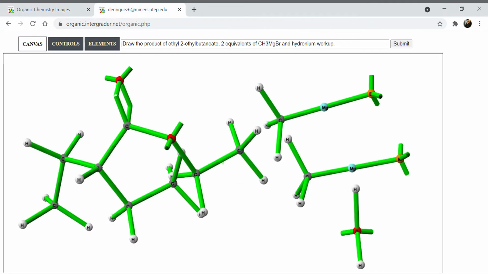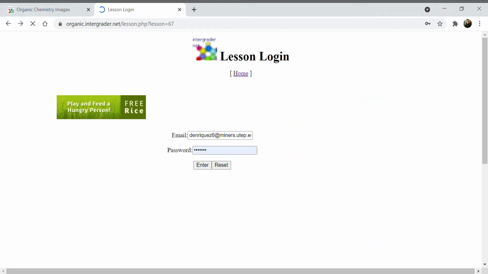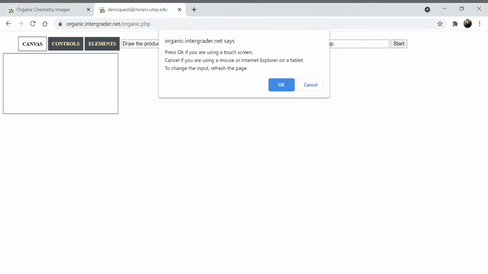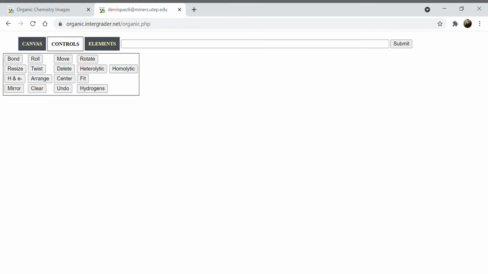So we have... okay. Okay, I'm gonna see if it lets me do it. I'm not sure if it will, but let's see. So I had a butanoate.